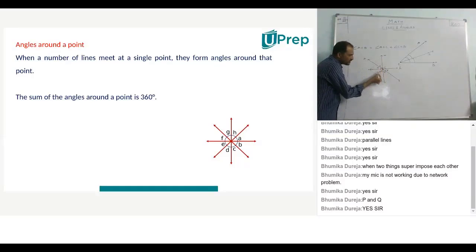If the sum of all these angles is equal to 360 degrees, then we say that angles around a point is 360 degrees. Can we prove that?